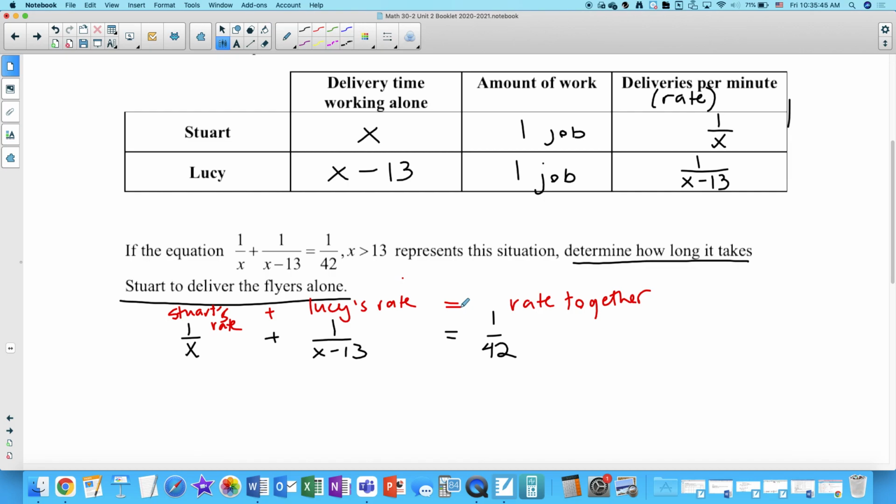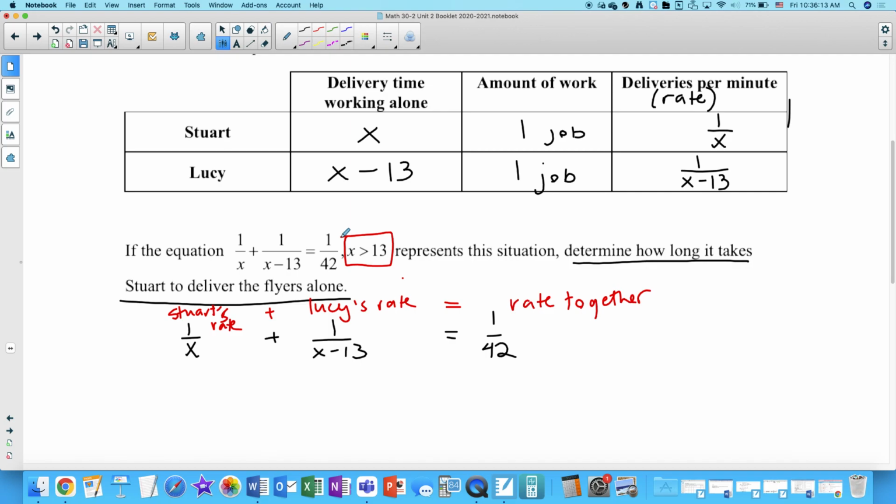Okay? Now we also have this restriction over here that says x has to be greater than 13. So tell me about that. Why does that make sense? Yeah? Because if we look at Lucy's rate, she can't deliver it at 0. Yeah, exactly, right? So if you look at the time, both times have to be positive.